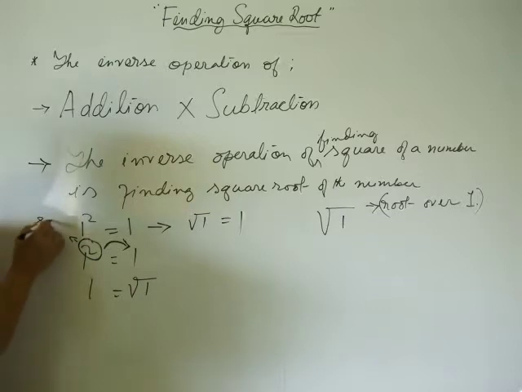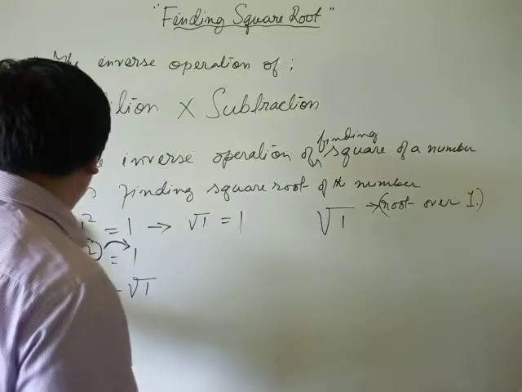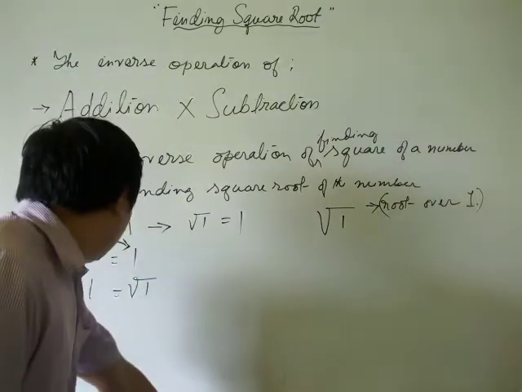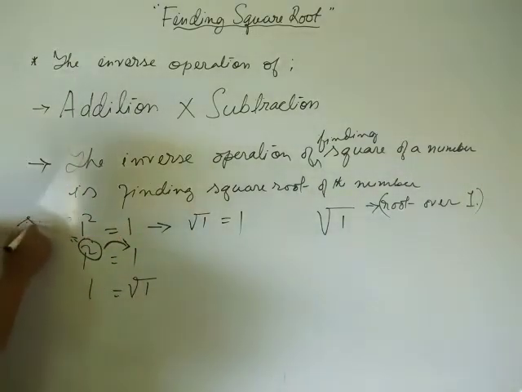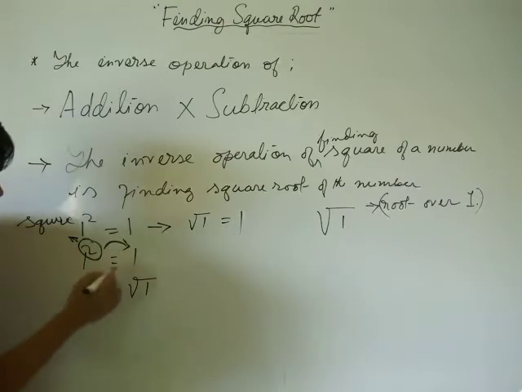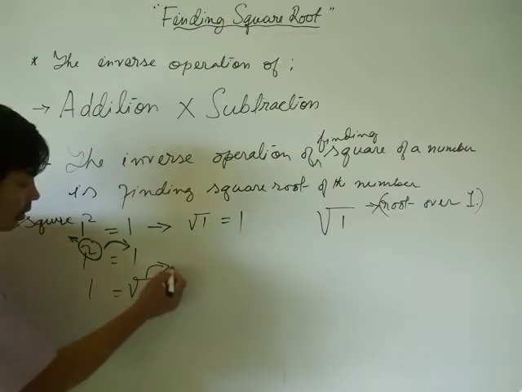We write this as square here, but if it is transferred to the other side, then it is square root.